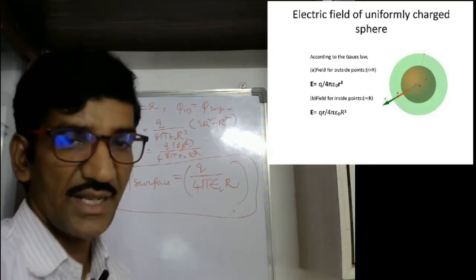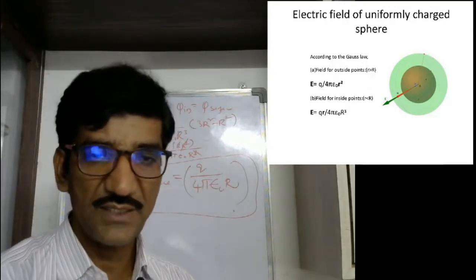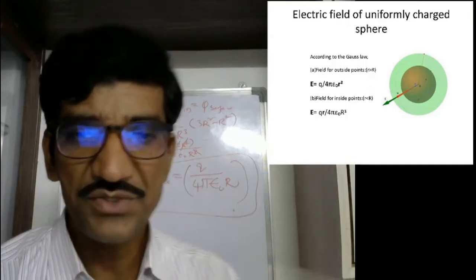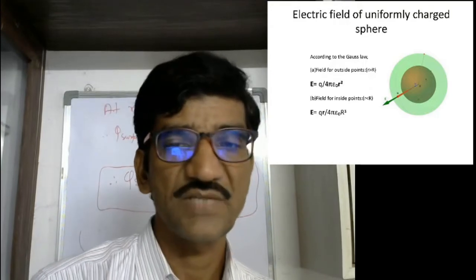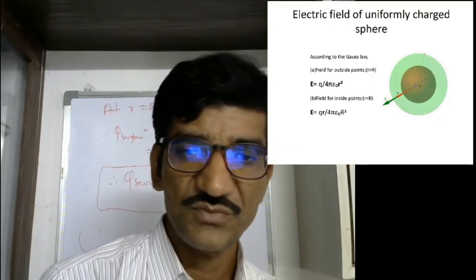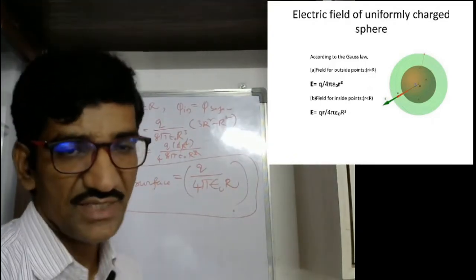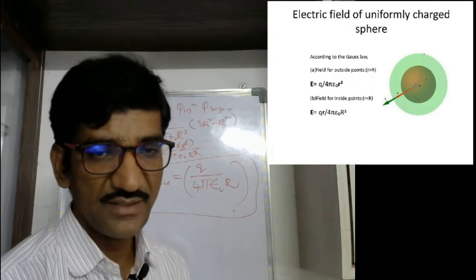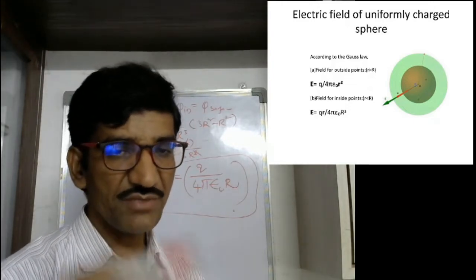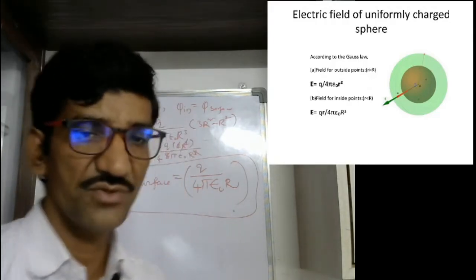Q by 4 pi epsilon naught R. This is exactly coinciding with the previous expression derived using the potential at outside points of the uniformly charged sphere. Okay, why? Because it is an interface. You may get the expression for the surface both by using the solution for outside points as well as inside points, but the expression should be the same.